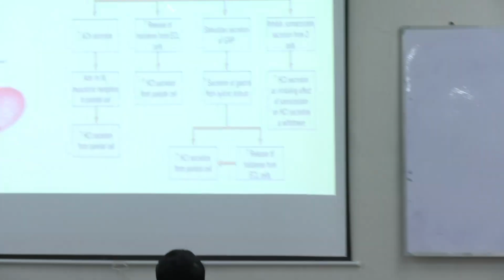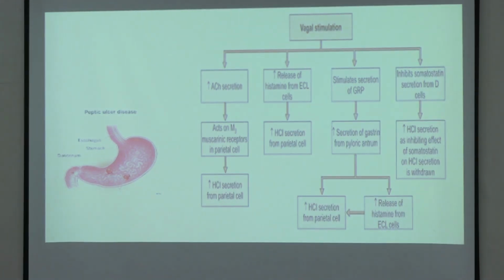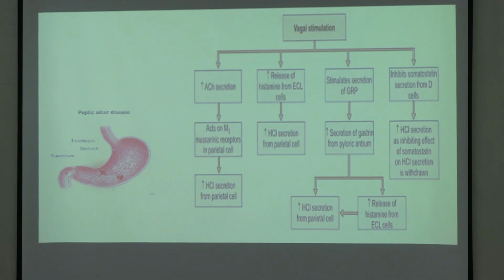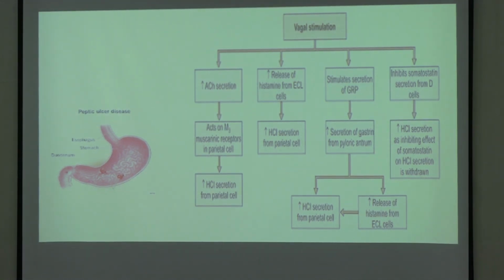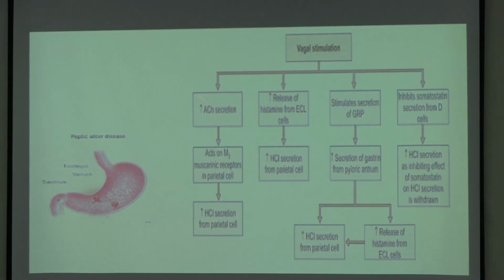So this vagal stimulation, this cephalic part, how it occurs, it will stimulate the secretion of acetylcholine. Have you come across the terminology acetylcholine in your MBBS career, in the last 1 or 2 months? It is parasympathetic. It comes from the vagal stimulations. Alright, hormones.